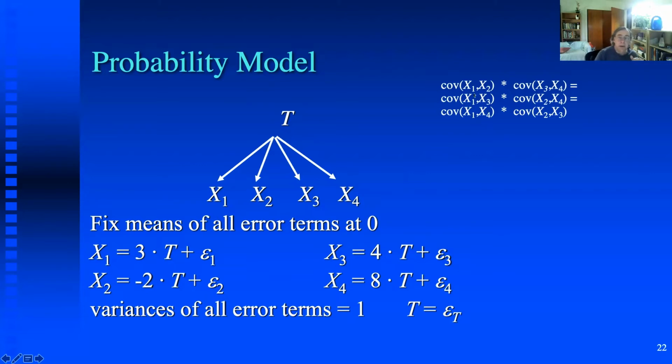And it's this constraint here, that covariance x1, x2 times covariance x3, x4 equals covariance x1, x3 times covariance x2, x4, which equals covariance x1, x4 times covariance x2, x3. This is what I mean by, if I took the set of distributions compatible with this DAG over all 5 of these variables, and then I took the margins, the set of distributions I get by marginalizing T out of that original set of distributions, all of them satisfy this additional constraint.